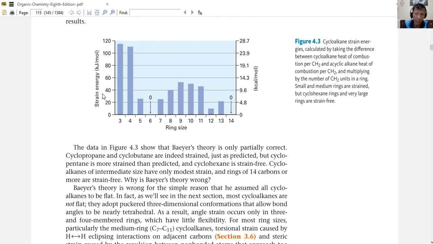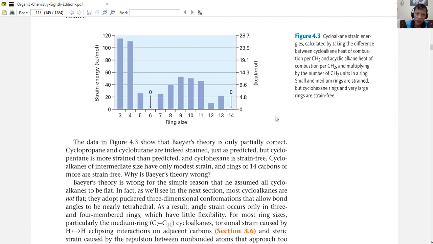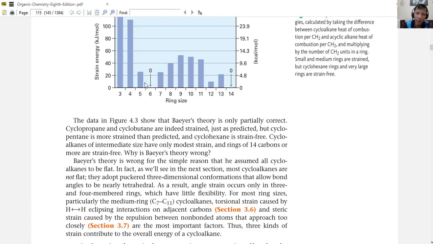Strain is somewhat stress, meaning there's force on the molecule, with respect to ring sizes, meaning the number of carbons on your cyclo. So there is a pattern. The next discussion would be how come that pattern happens. It somewhat explains the trend that we can see for your cycloalkanes.